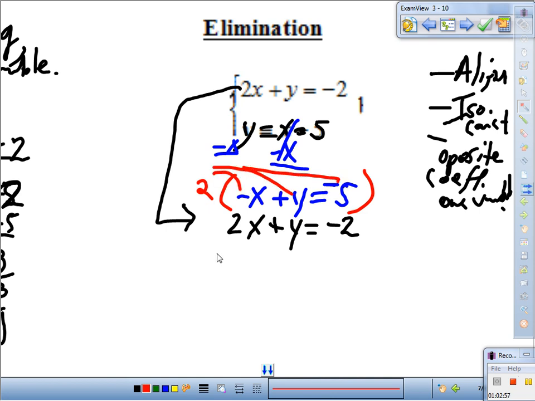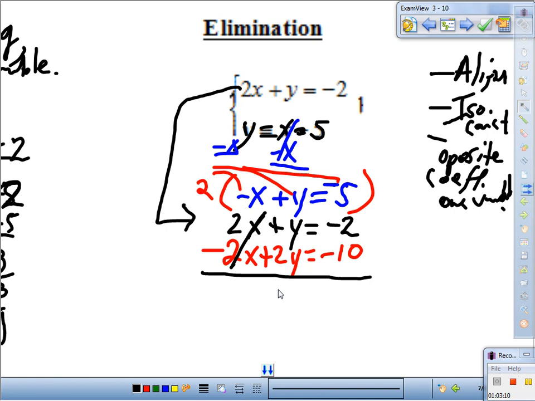Distribute. So we get negative 2x plus 2y equals negative 10. Let's solve. This is cancel. This is 3y equals negative 12. Divide by 3. y equals negative 4.